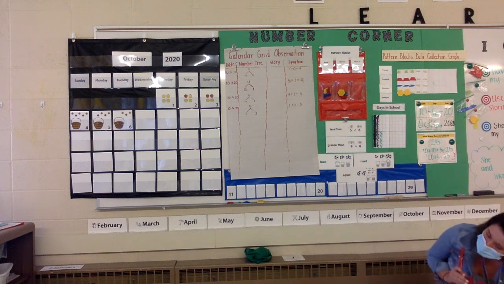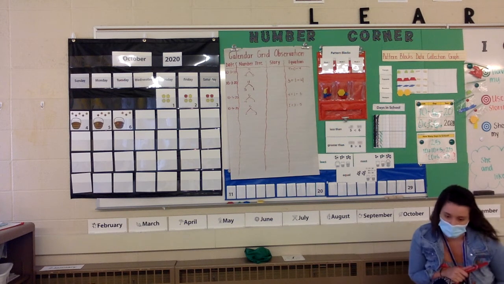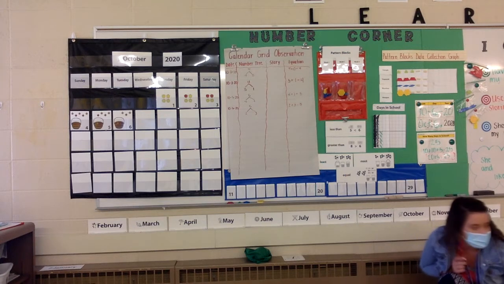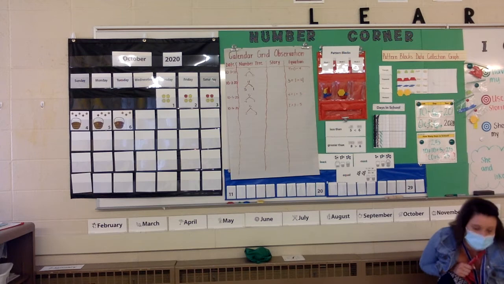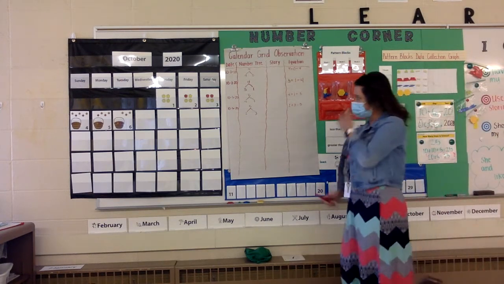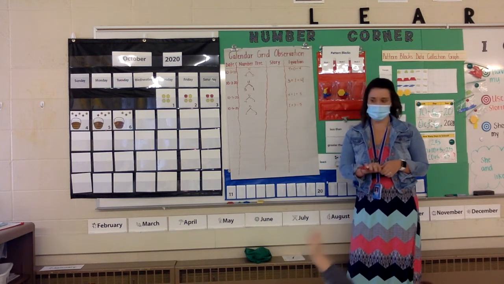So there's 3 in the air, 2 in the basket, and our number tree is 5. What do you think? Any ideas? Thinking. Okay. 5, 4, 3, 2, 1, 0.